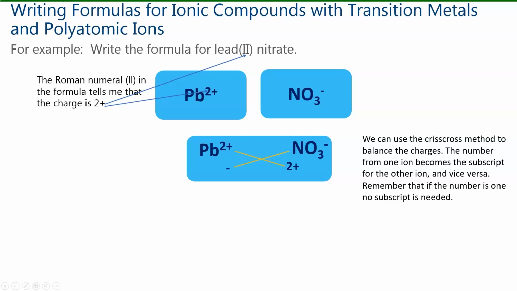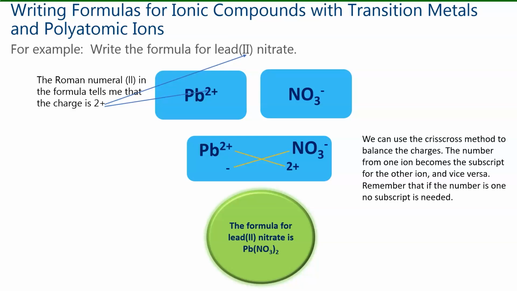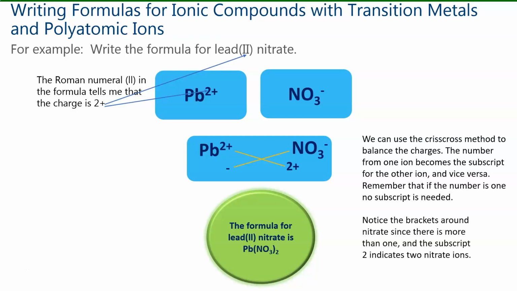The negative charge is negative 1, so we don't need a subscript in the case of 1. So now we'll write our formula. We know our subscripts. We have the formula for lead 2 nitrate is Pb(NO3)2. Notice the brackets around nitrate since there is more than one, and the subscript 2 here indicates that there are 2 nitrate ions in this formula.